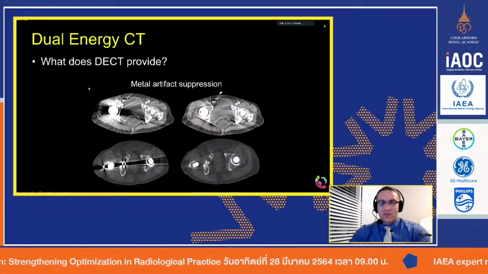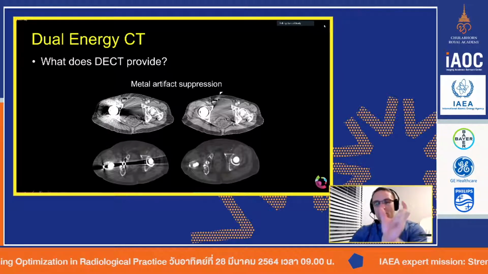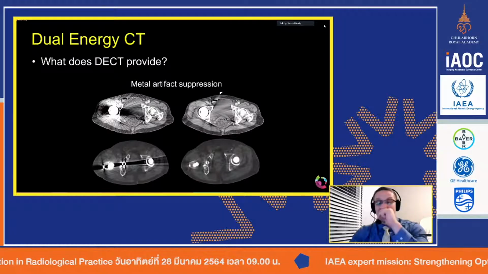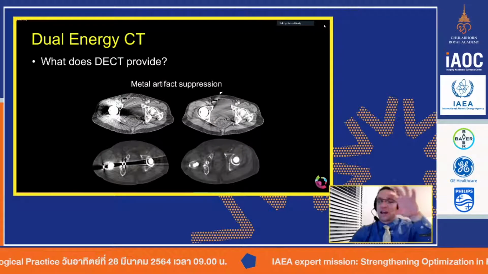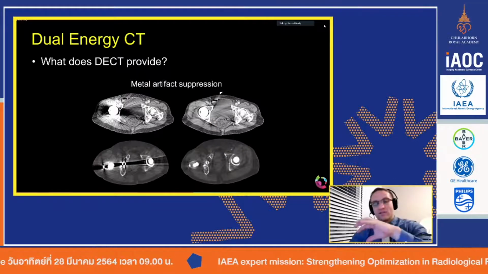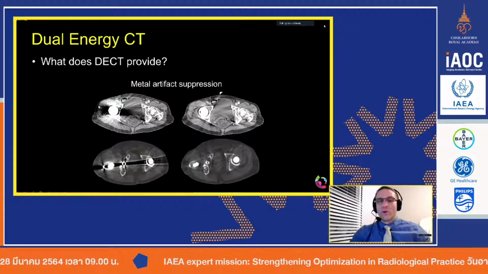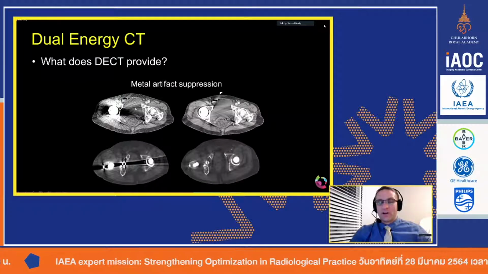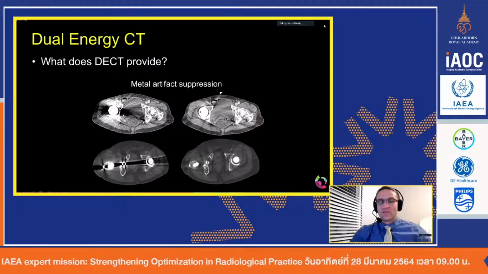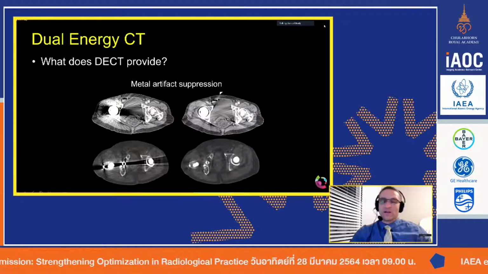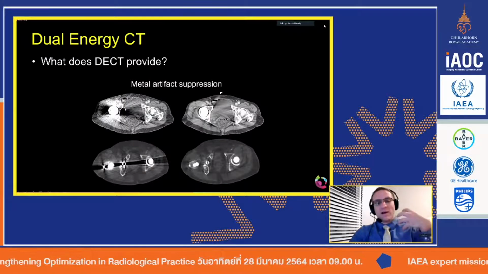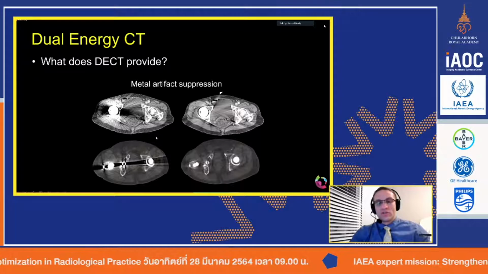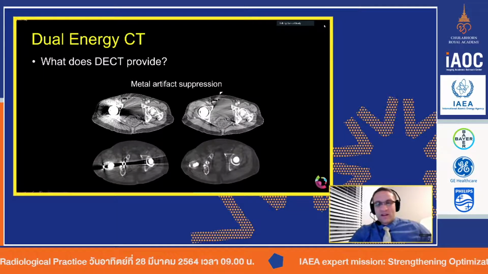Because of the way the image is acquired using both low and high energy, and because artifacts are different at the low energy kV and the high energy kV, we can more readily identify beam hardening artifacts and other types of artifacts in dual energy, and more appropriately reduce them in the image.